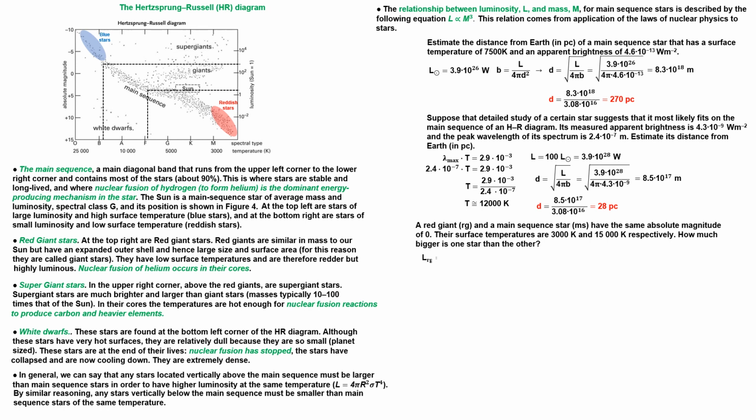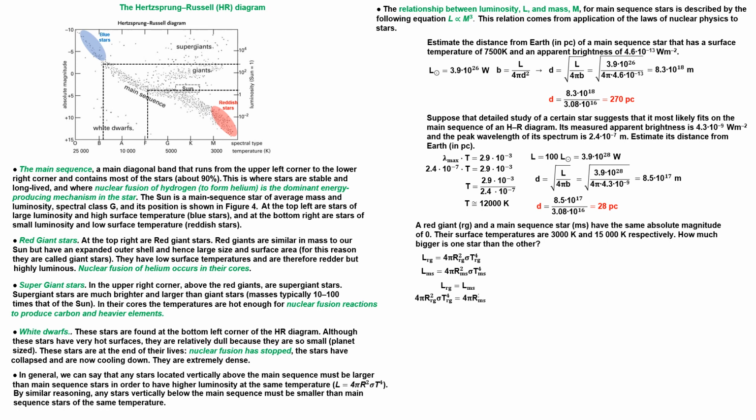The luminosity of a star is proportional to the fourth power of the Kelvin temperature. We are given that they have the same absolute magnitude. So, from the HR diagram, we know that they have the same luminosity. Therefore, we can equate the luminosity of the red giant with the luminosity of the main sequence star.